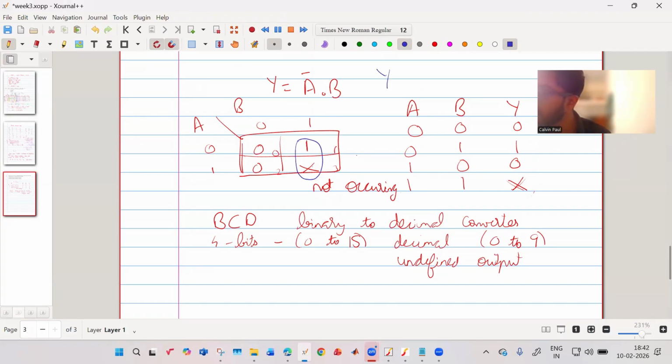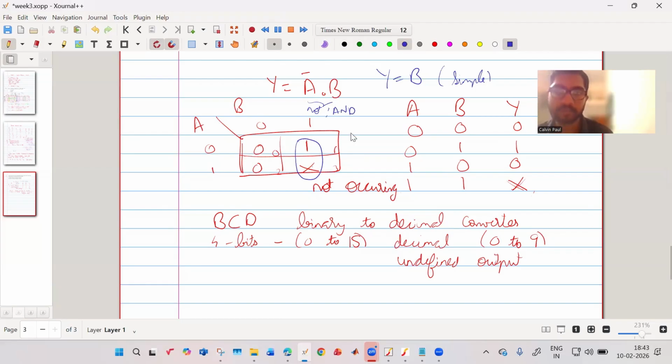Then you can write Y is equal to B. This is much simpler to implement. Otherwise you need a NOT and an AND gate, but when you consider the don't care effect, it's just Y equal to B. That is the advantage of using don't care.